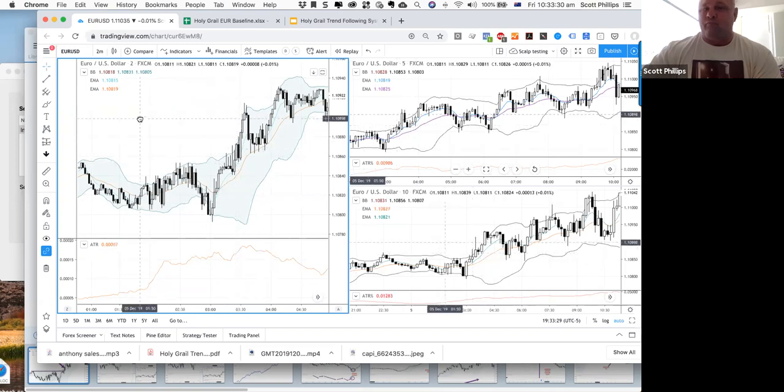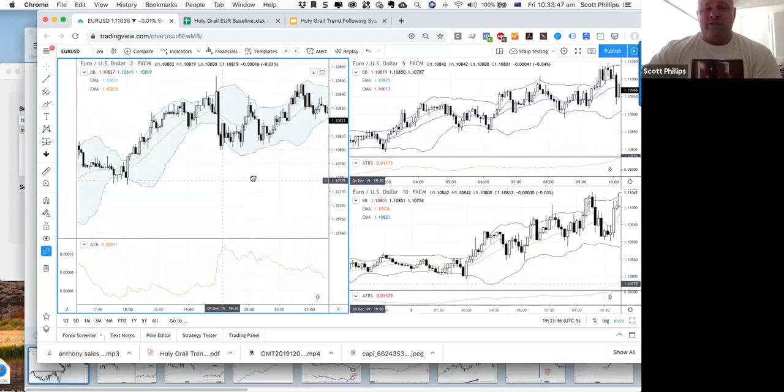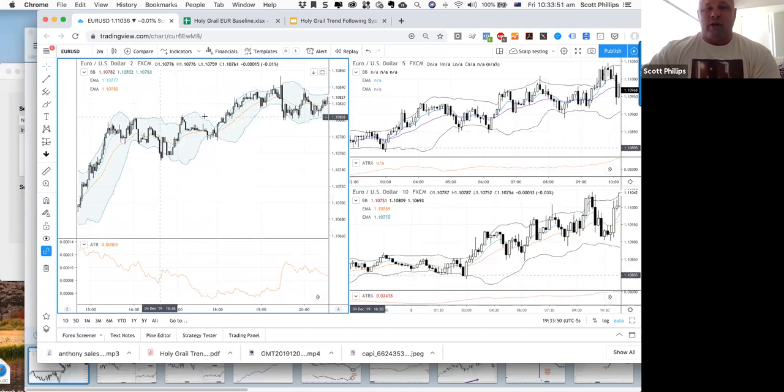Right here. When does this one become a trend? Probably here. Definitely here, but probably here. So it's much easier for us to recognize when things start and when things stop. If we're looking at here, the first close above here is here.